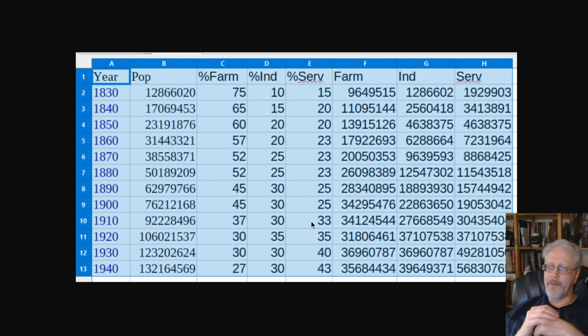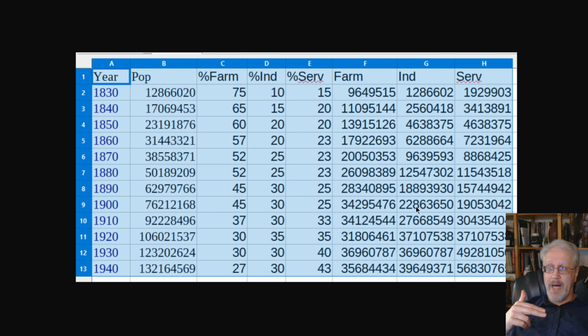Let me explain here. If we look at between 1900 and 1910 in the USA, we have the percentage of the farm population go from 45 to 37%. The total population goes from 76 to 92 million, but the total farm population, the percentage may have dropped, but the total number stays constant at 34 million, give or take 100,000.